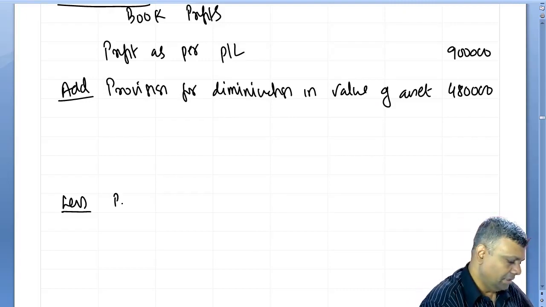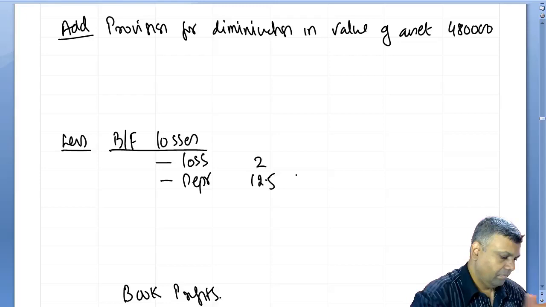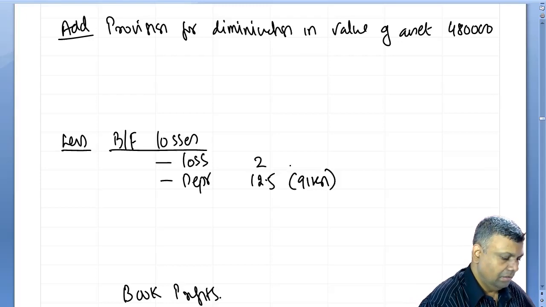Okay. So this is my brought forward losses. Loss or depreciation, whichever is less. The loss is 2 lakhs. Depreciation is 12.5 lakhs. This is given.